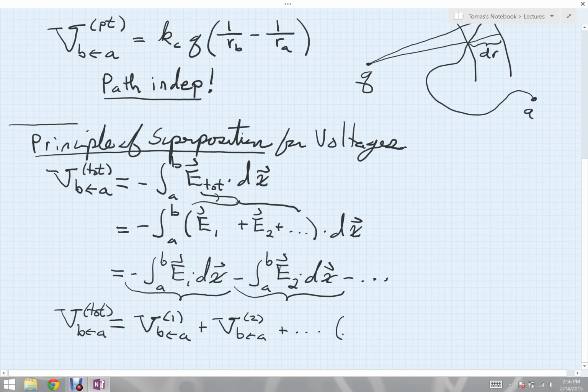So now we know that voltages are path independent, even if it's not just a single point charge. Path independent for any distribution. And that's very critical for us, as we're going to see. It has very important implications for circuits and makes up one of the key laws for circuit analysis.